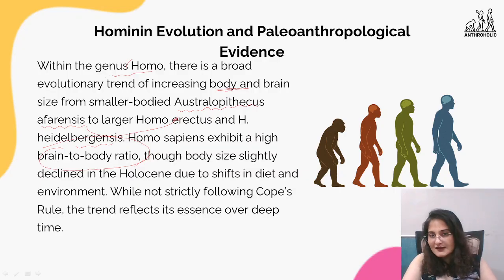Similarly, horses, which I have shown you, went from small dog-sized to the current scenario over 60 million years. Elephants also, early elephants were small, semi-aquatic, and over millions of years they have become these gigantic species of mammoths, and then currently we can see Loxodonta.